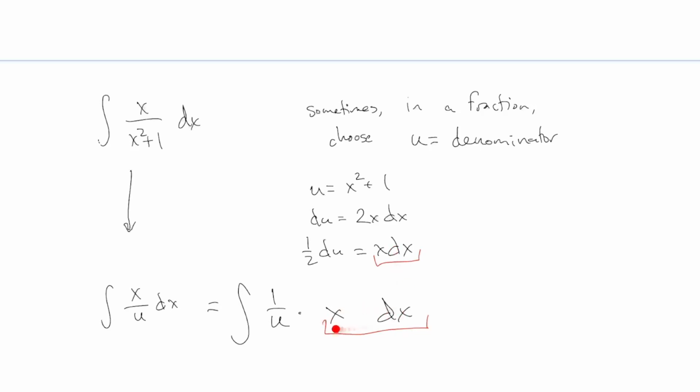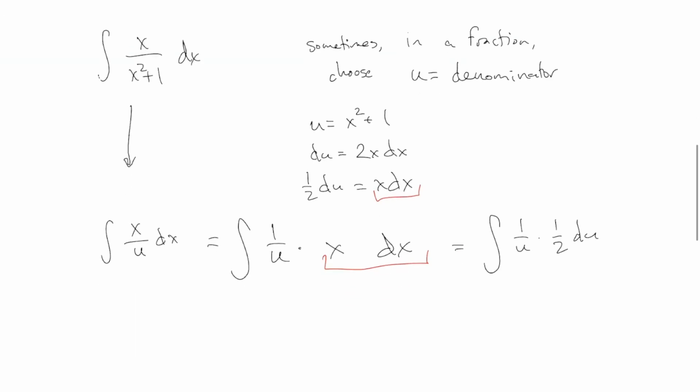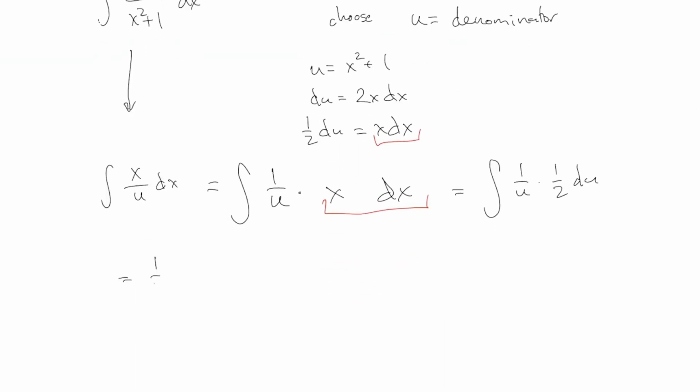So this will work. x dx is 1/2 du. So this now becomes integral 1 over u times 1/2 du. And then, as usual, we pull the constant out to the front, and the substitution is complete. 1/2 integral 1 over u du. Excellent. All right, we're not done at this point, but at least the substitution seems to have worked, right?